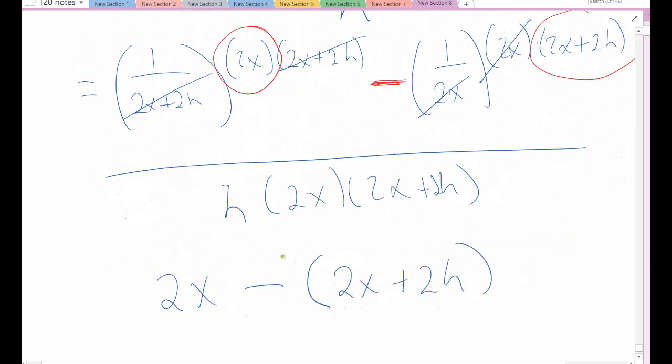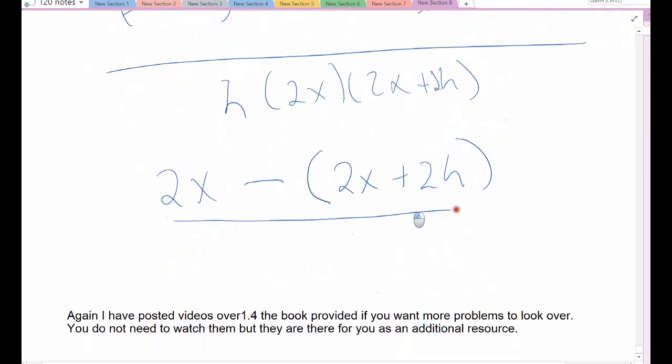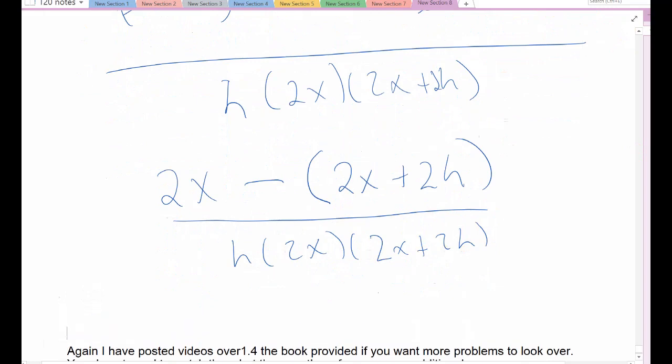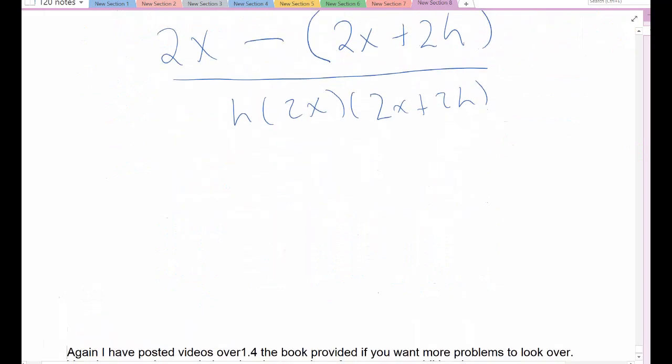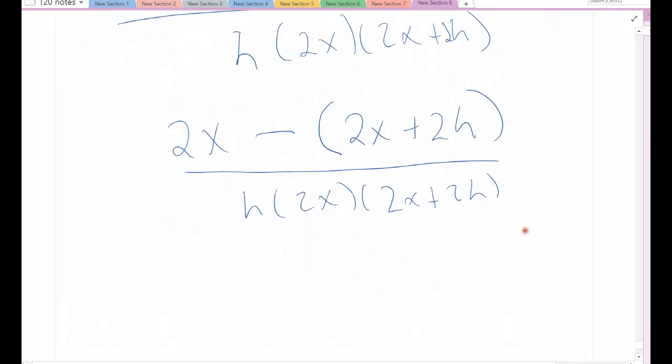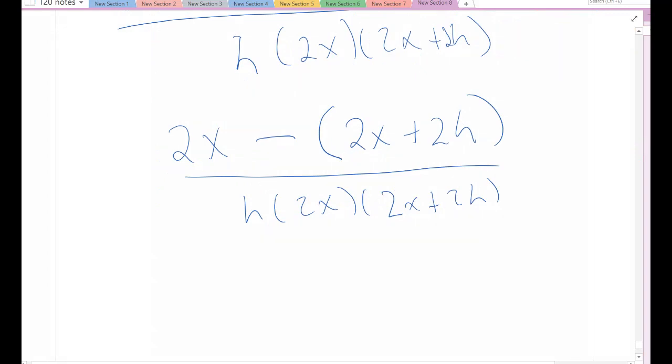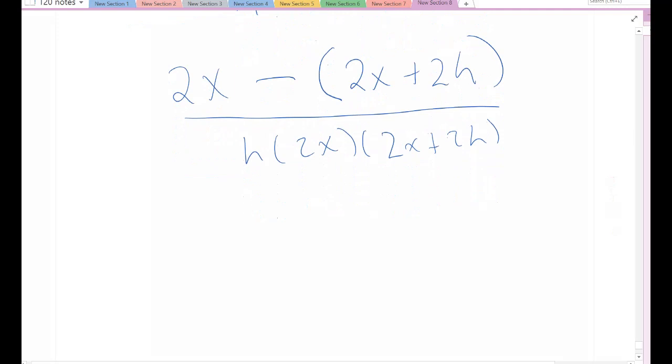Most students forget those parentheses, so they forget to distribute the negative. Don't. And then it's still all over that ugly thing. Can't take care of anything in there. Nothing reduces yet. Don't cancel anything out. Nothing cancels because of the minus sign. So don't. There's a lot of 2's and x's and h's going on here. Nothing reduces at this point.